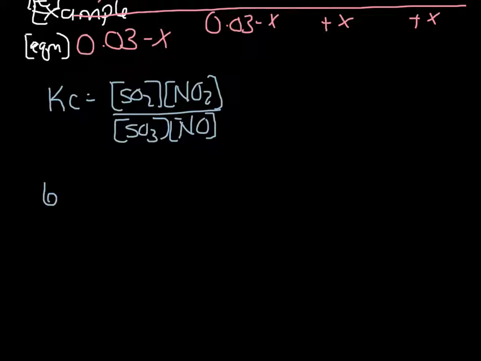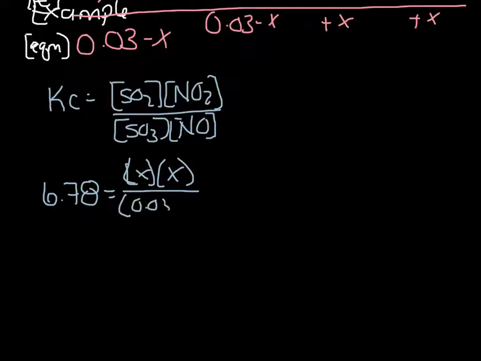Kc's value is 6.78, and then SO2 and NO2 are both X, and when you have X times X over our products, which is 0.03 minus X, and then 0.03 minus X, those can then become squared.